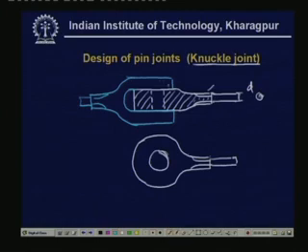This is another part which again has a hole in it. Looking from above, it will look something like this. This again has the same hole, and through this we insert one pin.